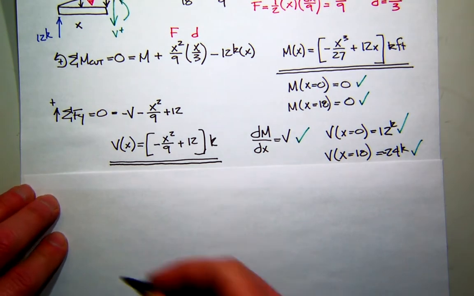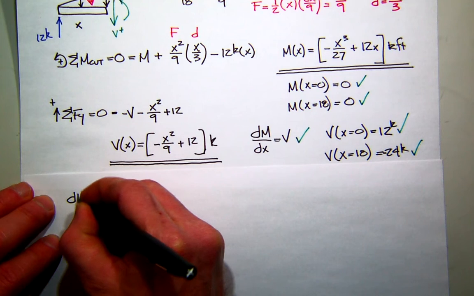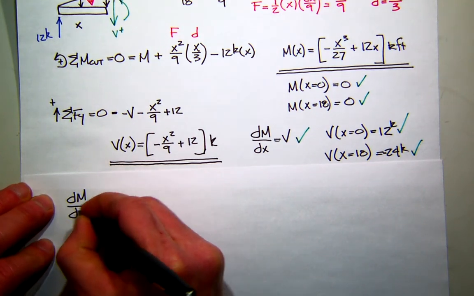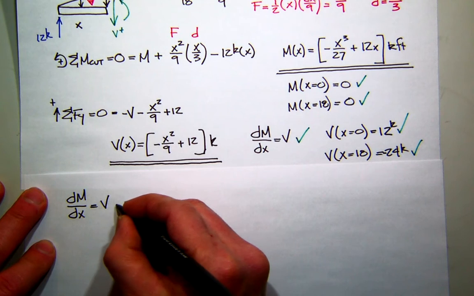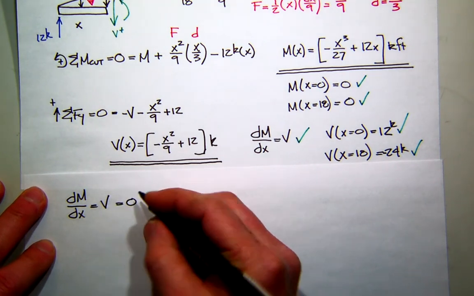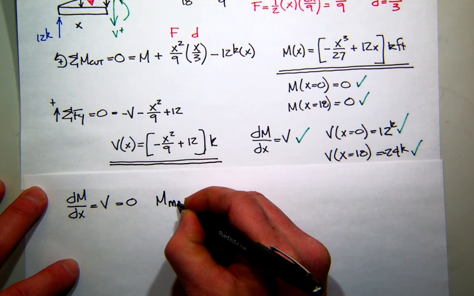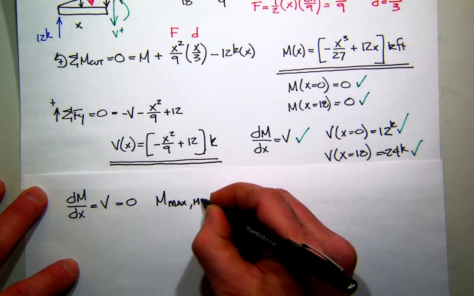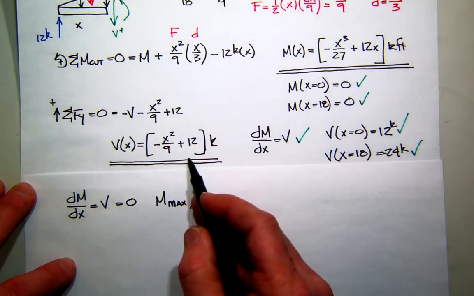We know that the slope of the moment diagram is equal to the shear. And we know that when this is equal to 0, that implies that the moment is either a max or a min. So, can we set this equation equal to 0?